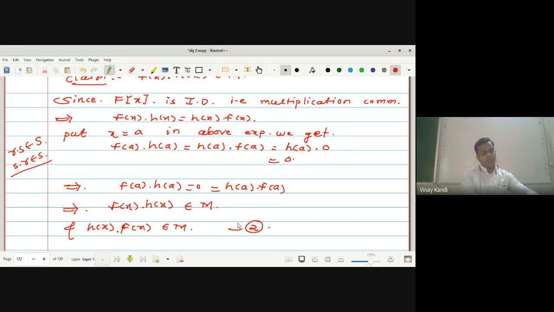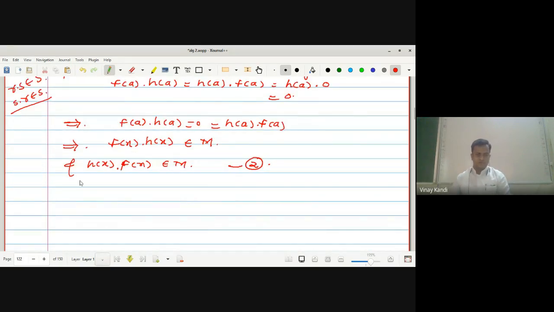So from 1 and 2, we can say that M is an ideal of F of x.